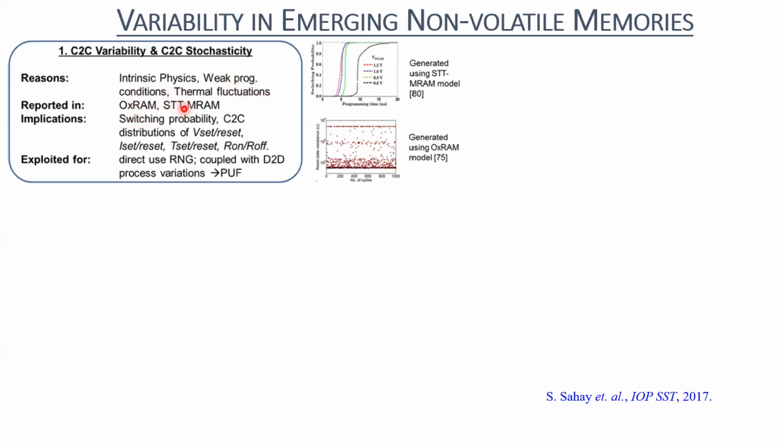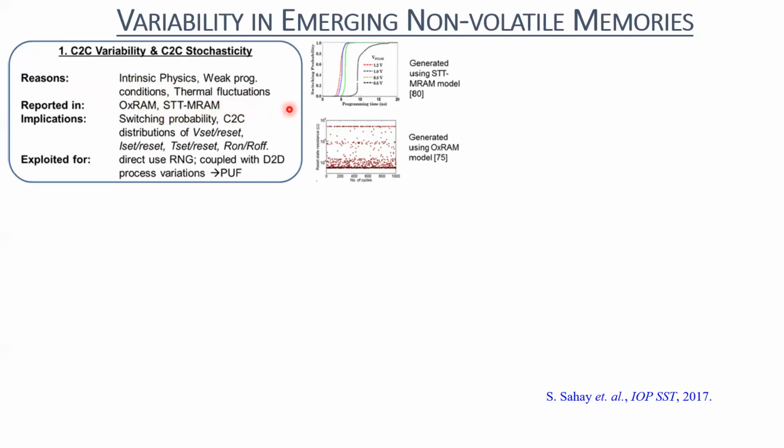And then there can be thermal fluctuations. These thermal fluctuations are especially important for STT-MRAM devices. I discussed STT-MRAM devices somewhat in this slide itself, because I won't be covering it in this course. So where do you observe these things? You observe these in OxRAM devices, STT-MRAM devices, CBRAMs.